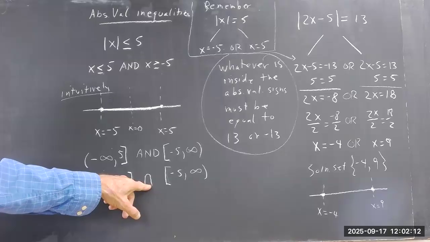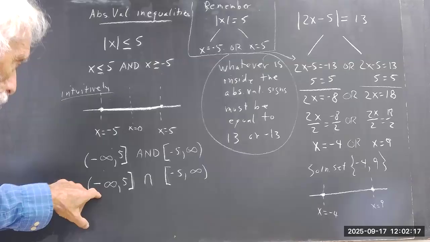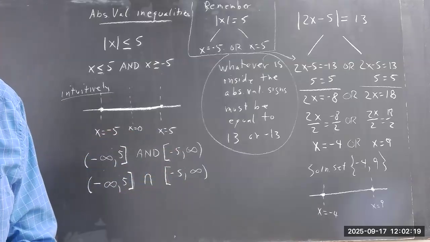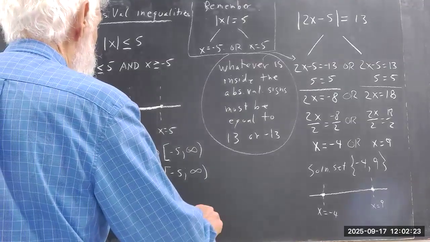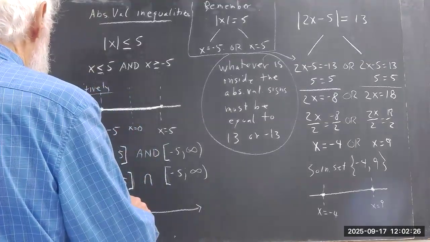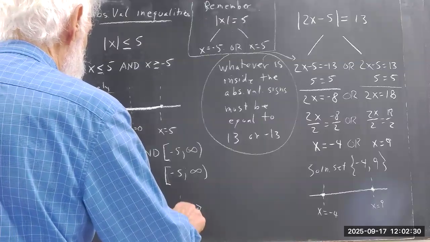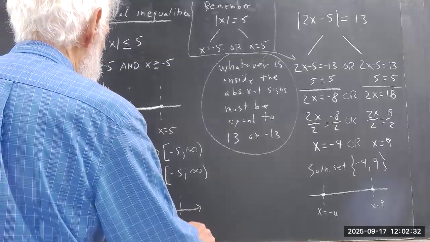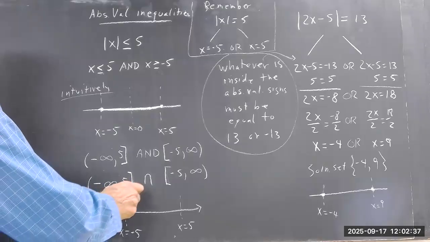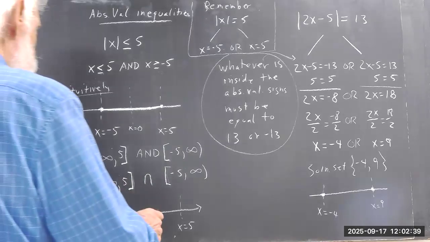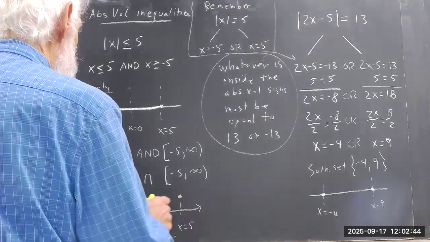Okay, and this says the same thing. You can interpret this as and in the sense that x has to be in here and it has to be in here. Well, we can draw those two intervals. Okay, the interval negative infinity to 5 ends at 5.